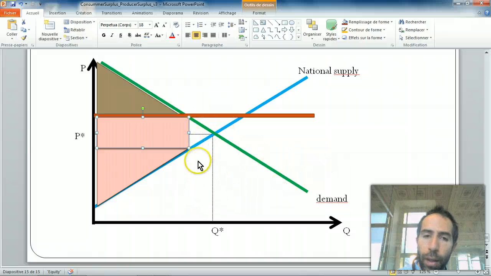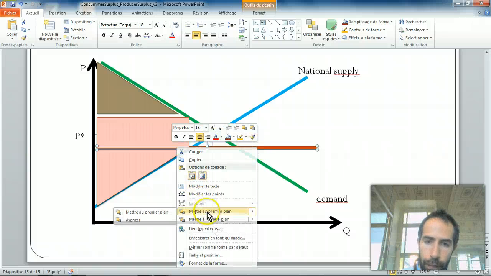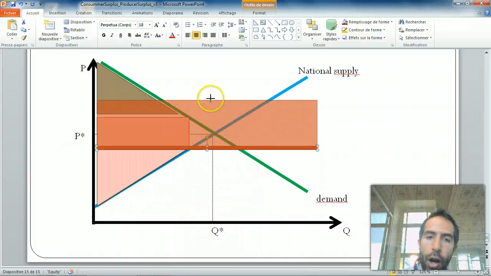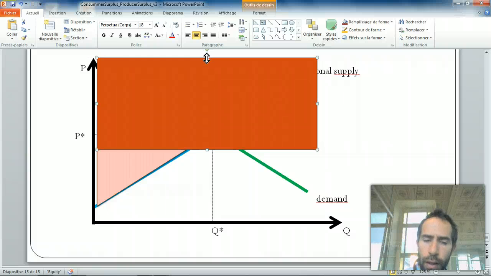Okay, there's a quite simple problem here. What happens with a price floor? Well, a price floor is the following. You're not allowed, not price floor, price ceiling this time. Did I say price ceiling previously?